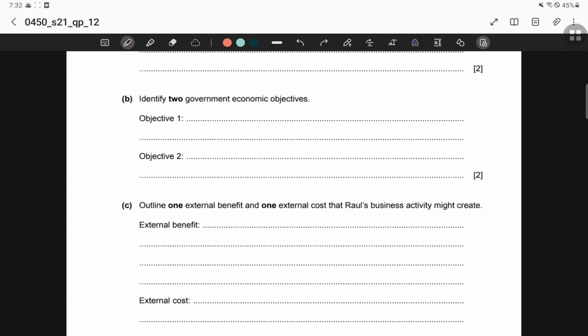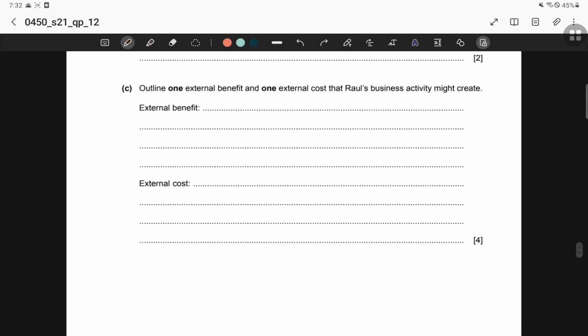Improved balance of payments. Increase in GDP. These could be objectives. Increase in GDP and economic growth are the same point, so you cannot put those as separate objectives, so be careful with that.